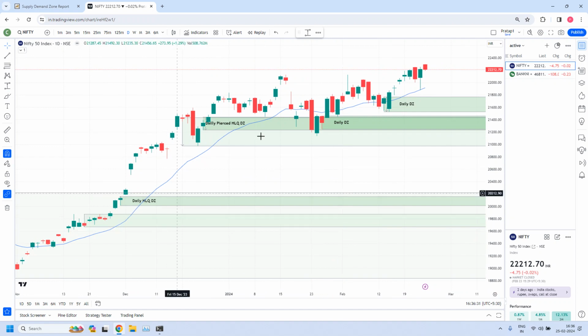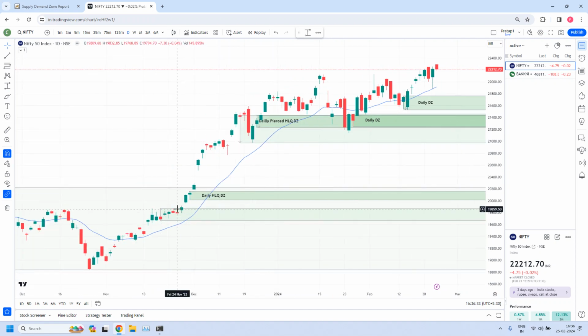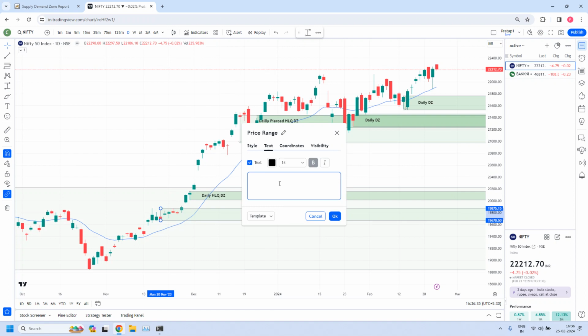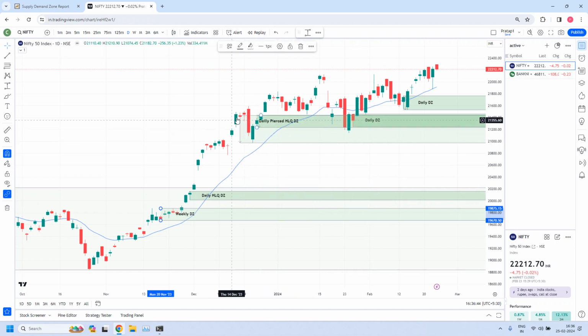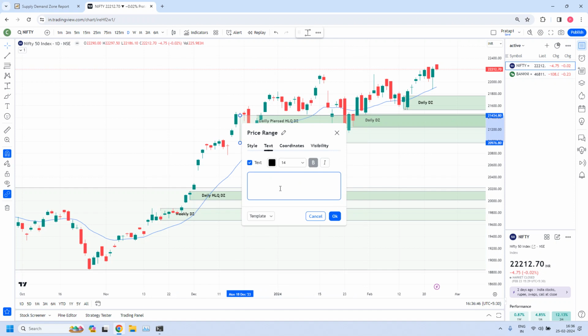Now daily is completed, but before that, what about this zone? This is a weekly zone. Let me draw this. And what about this? This is a compromised weekly zone. Compromised means actually it is not a valid weekly zone.